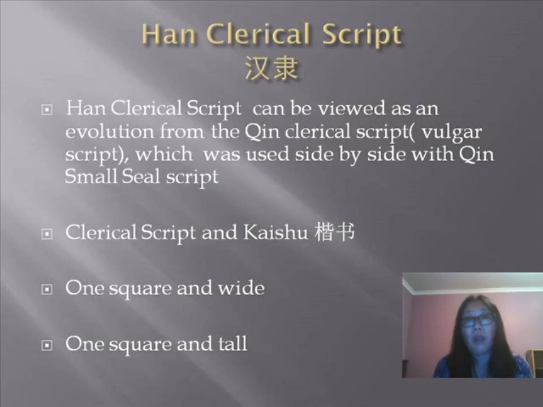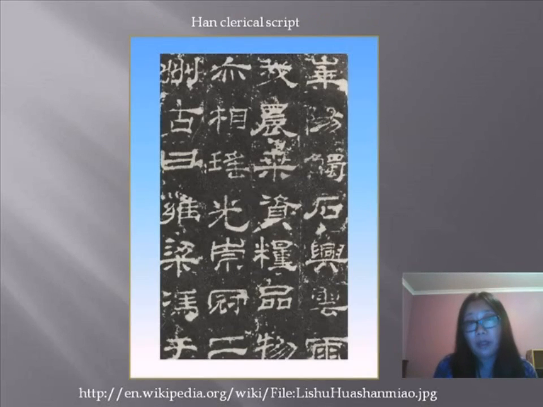This is a script used during the Han Dynasty, and its Chinese name is called Han Li. You might want to have a look at the image we provided in the PowerPoint. From it you can compare the difference between the Han clerical script and the Chinese script we use today. And physically, you'll find that the Han clerical script is more like square and wide, while the script used today is like square and tall.